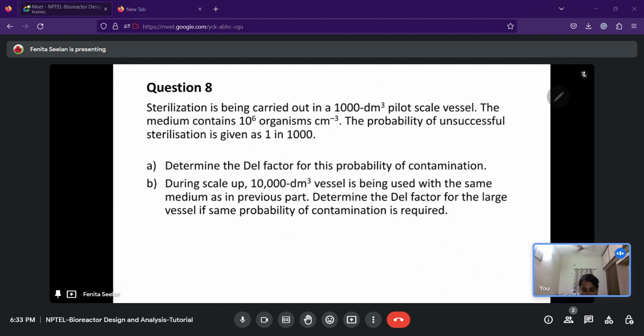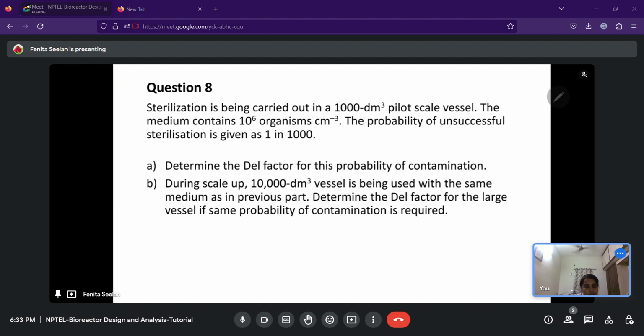So question number 8: sterilization is being carried out in a 1000 dm cube pilot scale vessel. The medium contains 10 power 6 organisms per centimeter cube. The probability of unsuccessful sterilization is given as 1 in 1000, which is 10 power of minus 3. You were asked to determine the del factor for this probability of contamination.